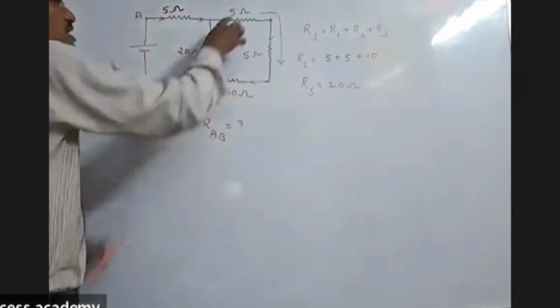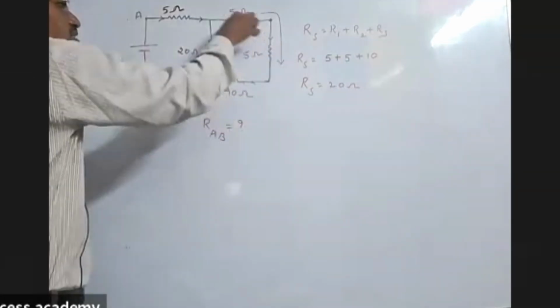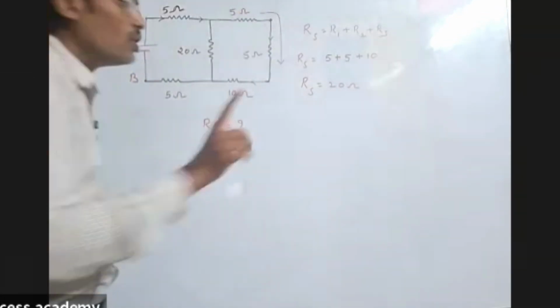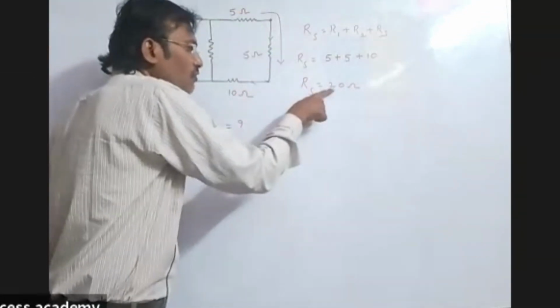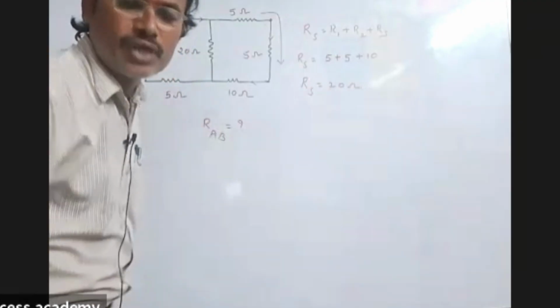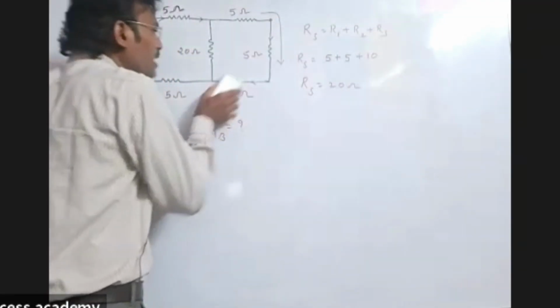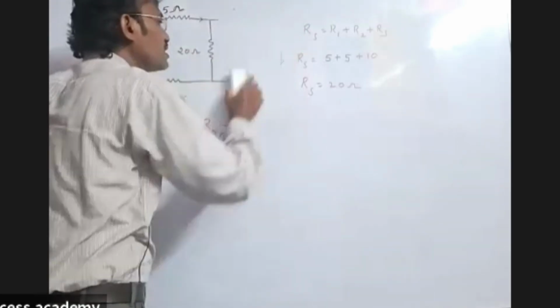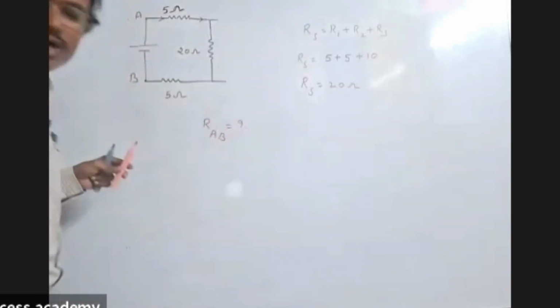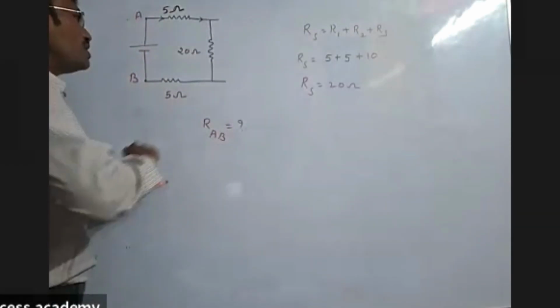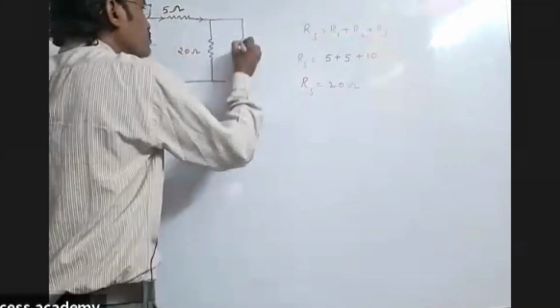So instead of these three resistors, I am placing only one resistor that is equivalent to 20 ohm.